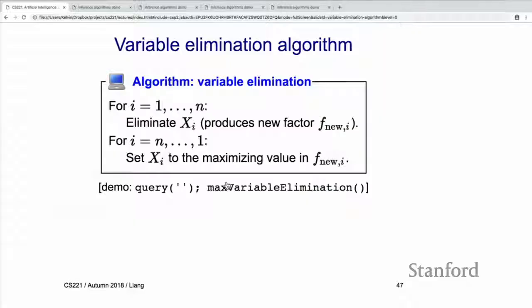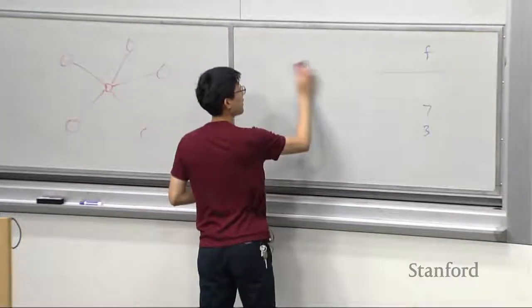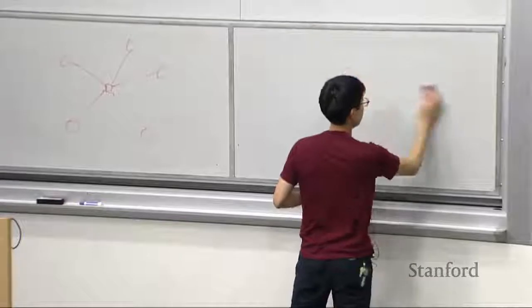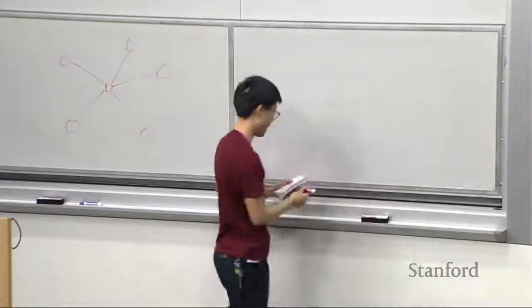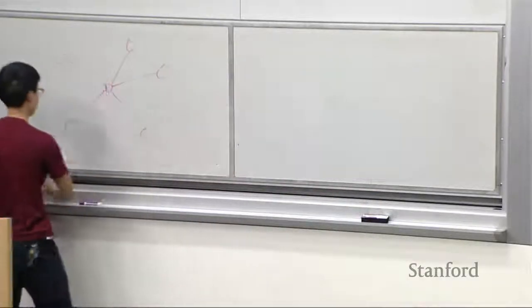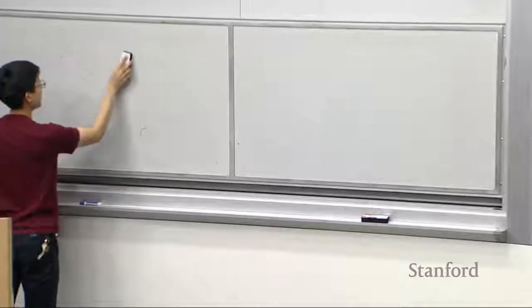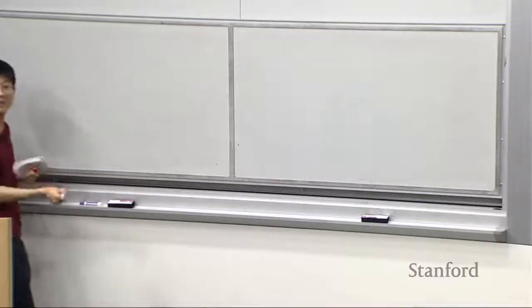Now let's actually work through one more example of elimination just to kind of solidify this a little bit further. So suppose we had 3 variables. Let's call them x, y, and z.